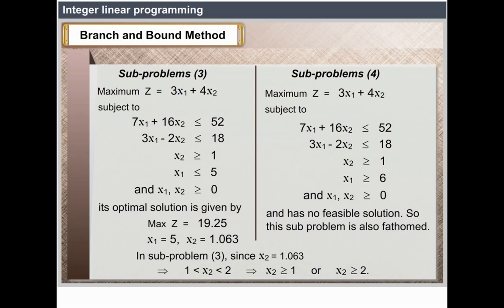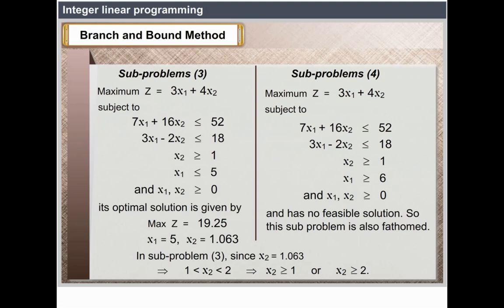Its optimal solution is given by maximize z equal to 19.25, x1 equal to 5, x2 equal to 1.063. In subproblem 3, since x2 equal to 1.063, this implies 1 less than or equal to x2 less than or equal to 2. This implies x2 less than or equal to 1 or x2 greater than or equal to 2.